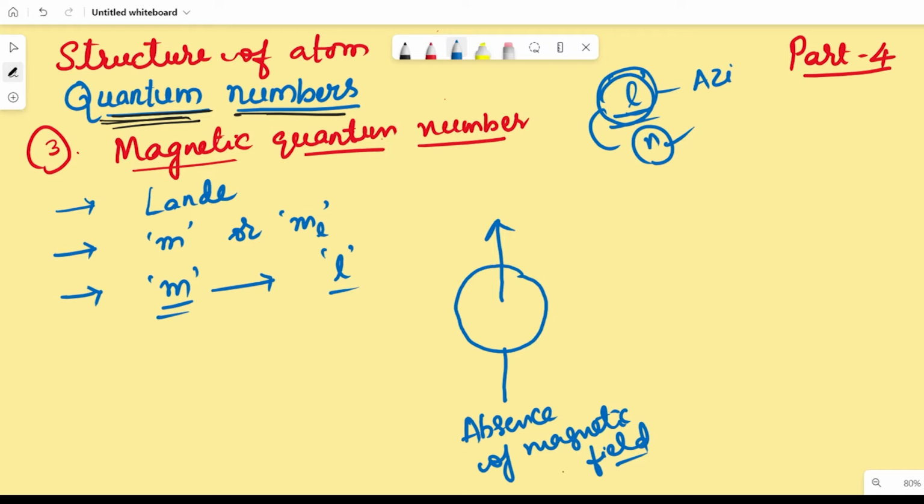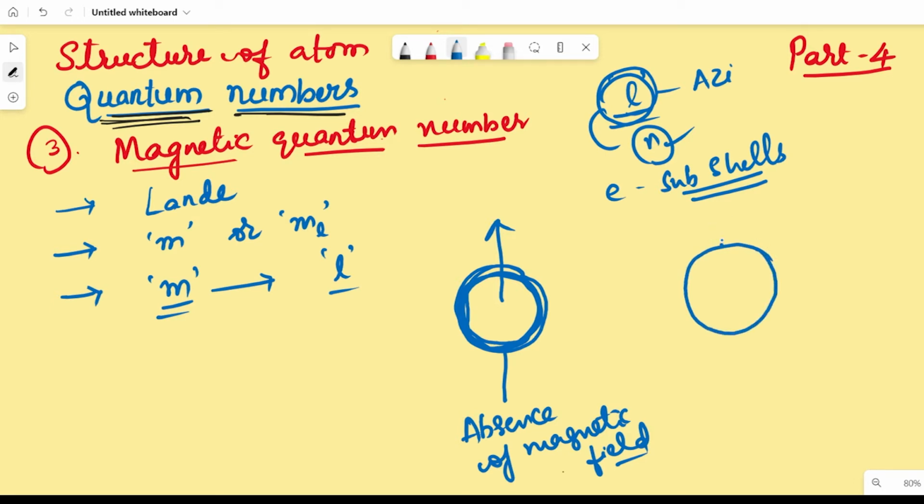I will explain once again. By placing an atom in an external magnetic field, the electrons present in the subshells will orient in different directions based on their energies. For example, if the electron is rotating in this way in the absence of a magnetic field, then in the presence of the magnetic field the electron will rotate in this way, or this way, or this way, which means the electrons present in the subshells will orient in different ways.